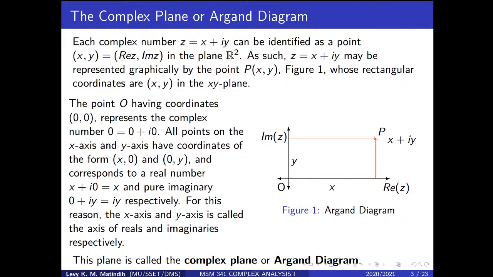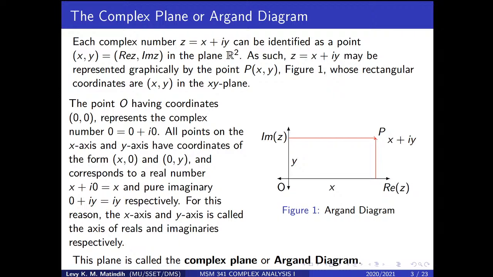You can put it in point form as (x, y), where x represents the real part of the complex number z, and y represents the imaginary part of the complex number z.